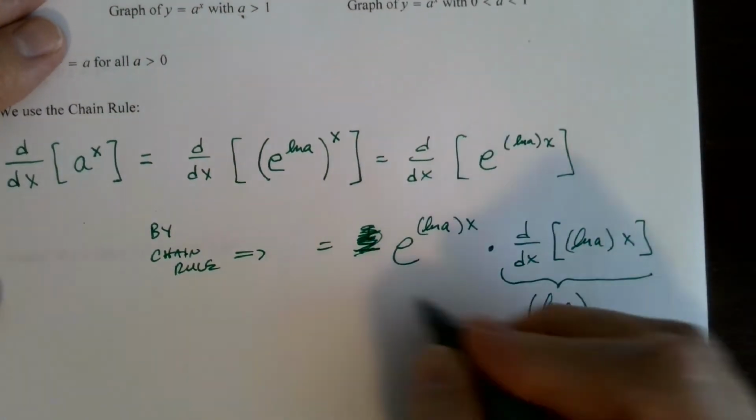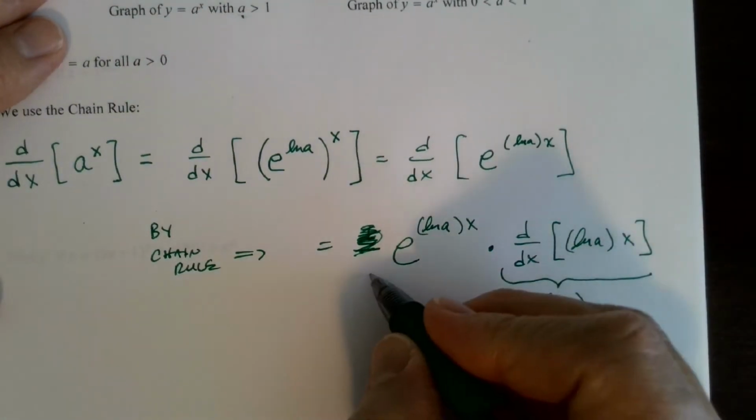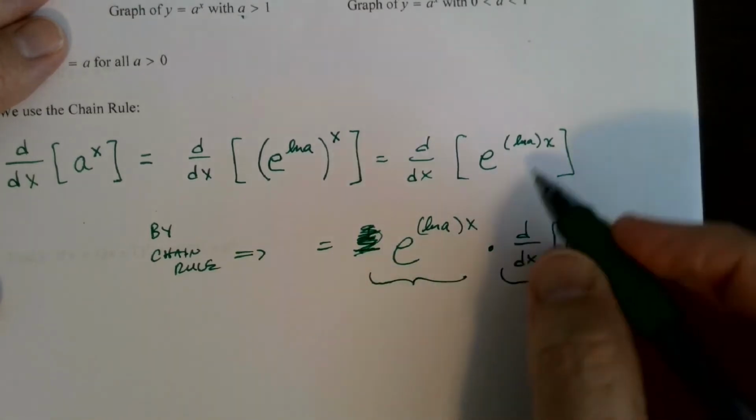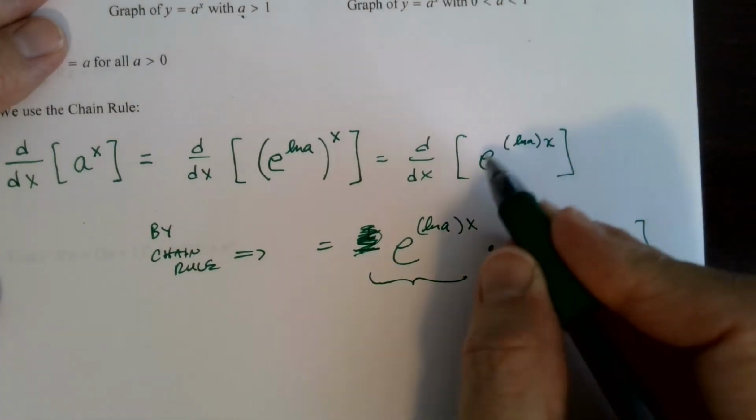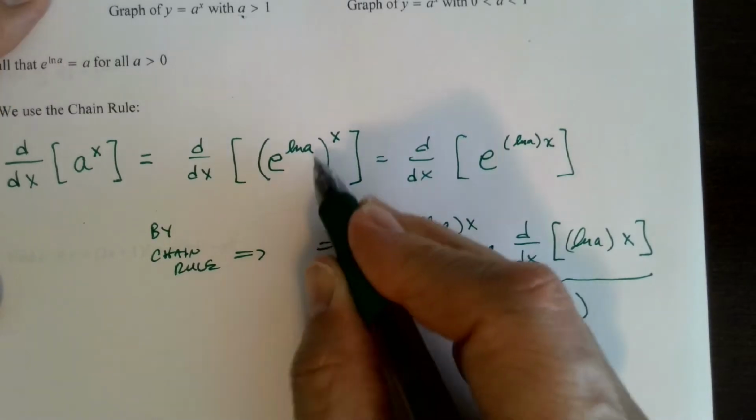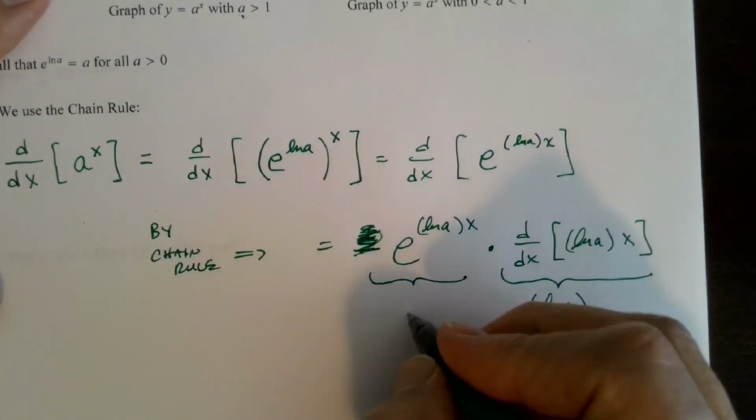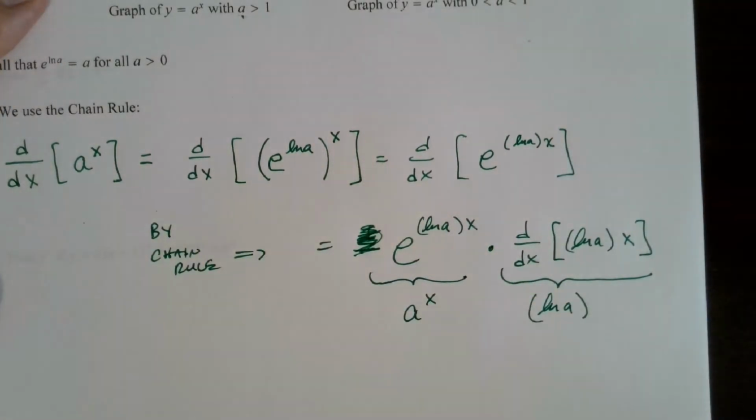And so we really have our answer now. I'm going to rewrite e to the natural log of ax, because remember, that was what we had started with. That's in the parentheses here, which is equal to this, which is just a to the x. This indeed is a to the x.